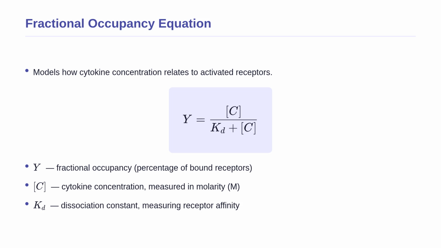The variable C represents the concentration of the cytokine in the surrounding fluid, measured in molarity. Finally, Kd is the dissociation constant. This measures the receptor's affinity for the cytokine. If Kd decreases, it means the receptor grabs the cytokine more tightly, so the cell requires a much lower concentration of cytokines to become fully activated.